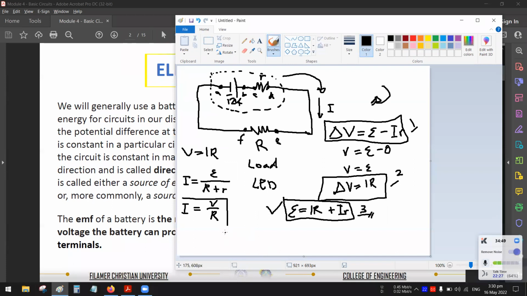We can have our equation that is equal to, if we multiply, no? I-multiply natin tong equation na to, equation 3, and equation, ito.